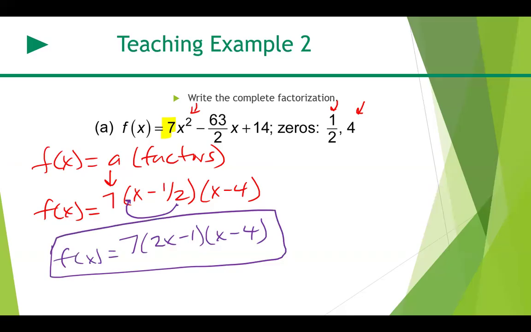Okay? If you did not think you did it correctly, guess what you would do to check yourself? You plug it back in. You would multiply, redistribute to see if I end up in the same thing again. So I would multiply 2x times x, 2x times -4, -1 times x, -1 times 4.